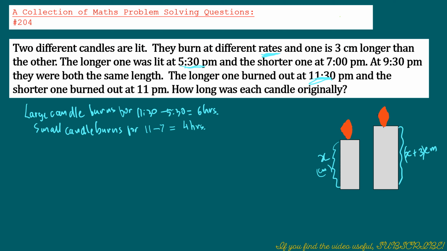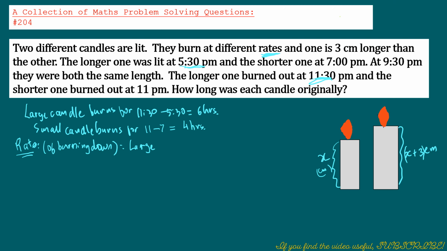So the rate, how quickly the candles burn down. For the large candle, it is x plus 3, so it's reduced to 0 in 6 hours.